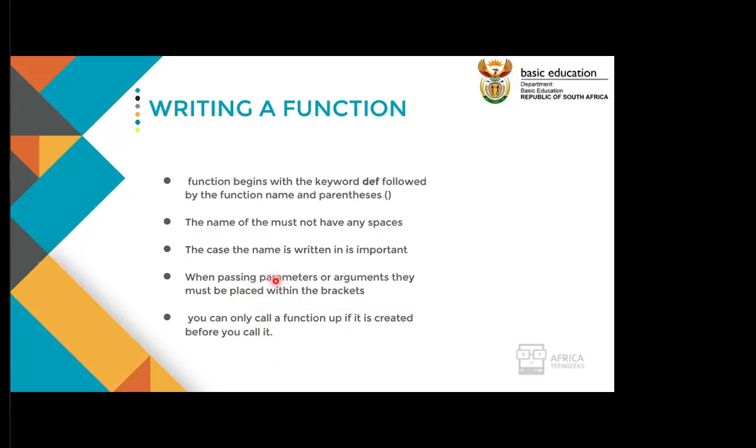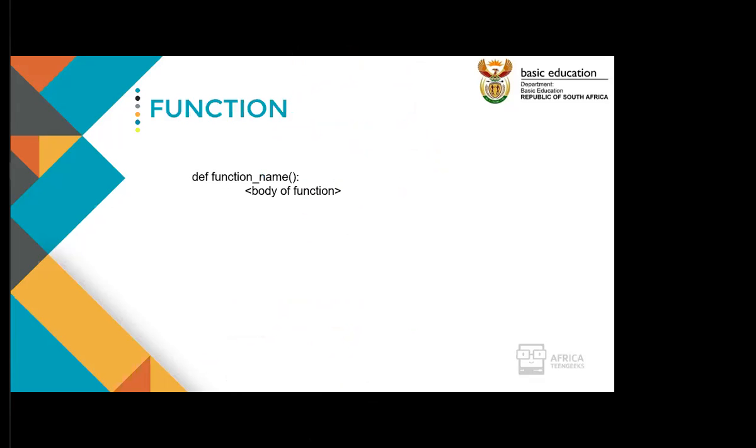A function can only be called after you write it out. So you cannot call the function and then write the function out, because remember, Python reads from top down. So it's going to read all the lines above, then it's going to come to the work that you want. So let's look at the first function.